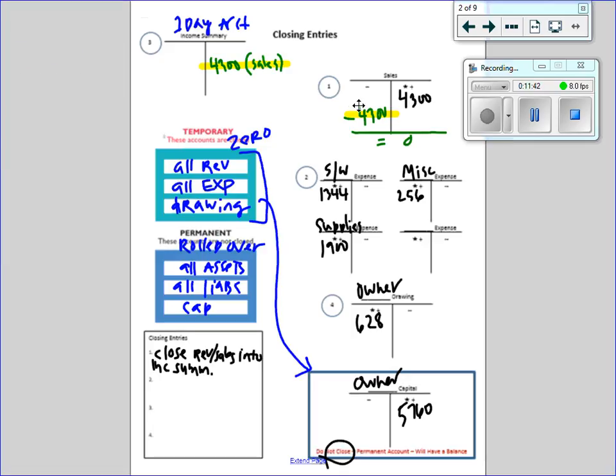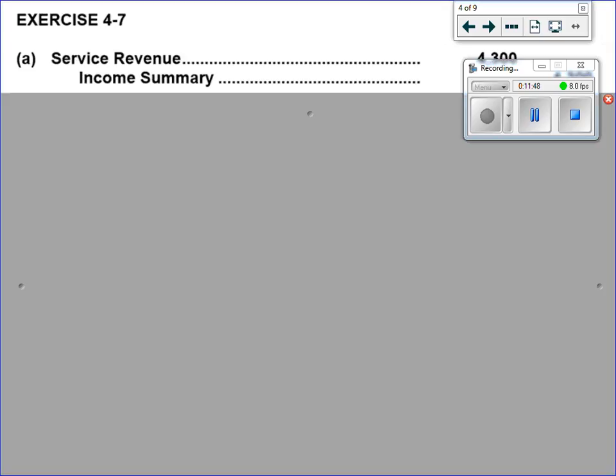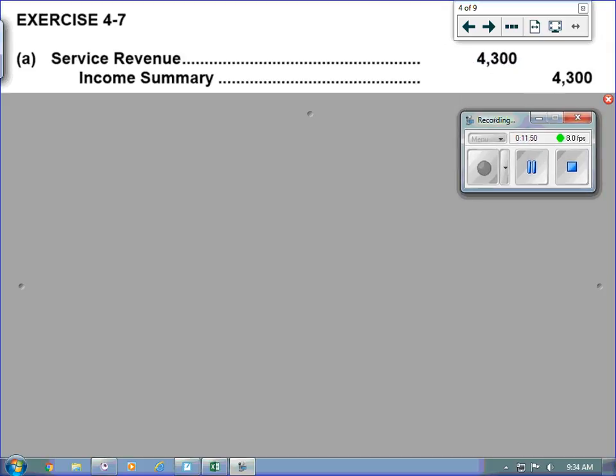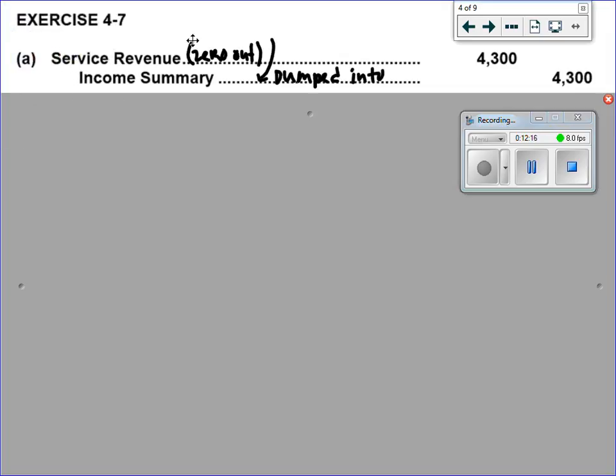So now, let's journalize what we just did. So what you just highlighted, the debit and the credit. We debited service revenue to zero it out, and we dumped it into income summary just for the meantime.